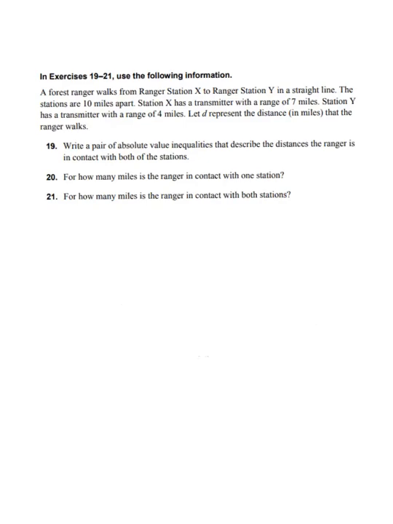Okay, guys, I want to go over questions 19, 20, and 21, but mostly with number 19. You see here that the ranger starts to walk from station X to station Y. Okay, so if station X is where he starts, then that's the middle of the line.